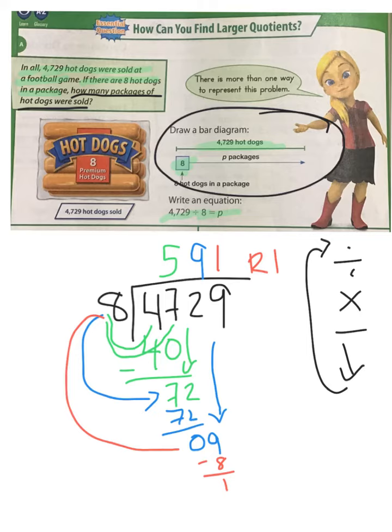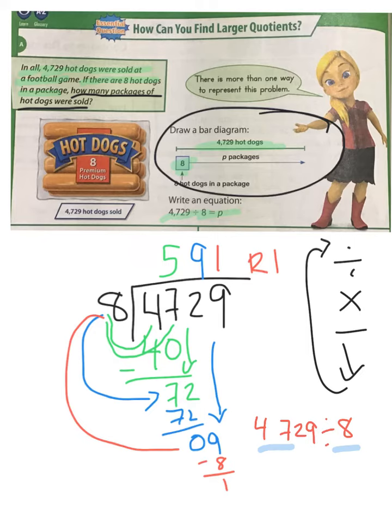We are going to estimate to see if our answer is reasonable. So I'm going to write 4,729 divided by 8. If you remember what we did from a few lessons ago, we used compatible numbers. We're going to keep the 8, then underline the first 2 digits of our dividend.